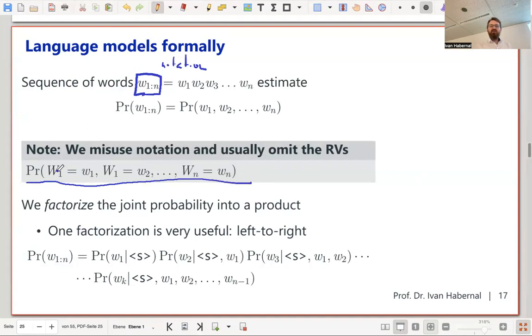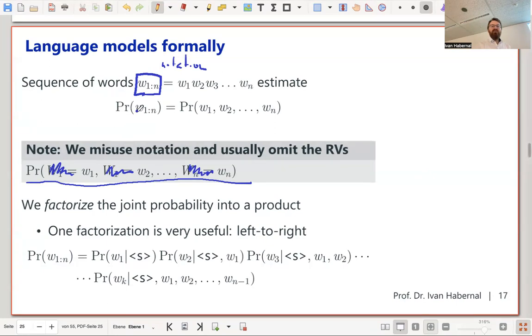We just omit the W's. We're assuming this is clear from the context, right? So we're just writing the words. What is the probability of a sequence of words without saying there's a random variable at position 1 which takes this value. So we just make it simple. But remember, there are some formalisms behind.